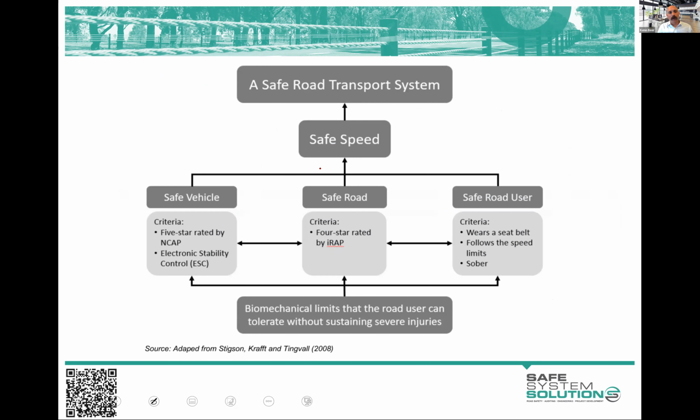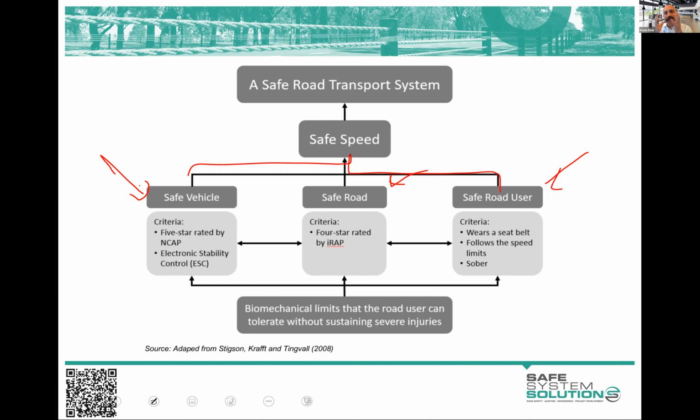And this one I also put into Austroads Part 3, which says speed is so important that this one out of Europe basically says you can have a safe transport system with whatever vehicles you've got, whatever roads you've got, and whatever road users are using them, as long as you filter it through the appropriate speed.